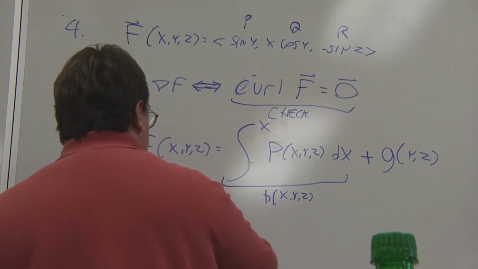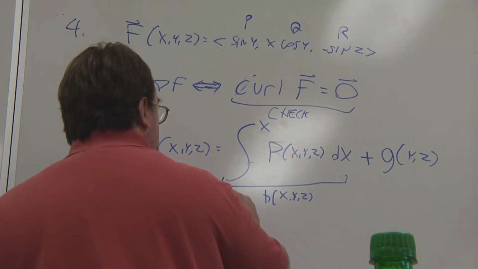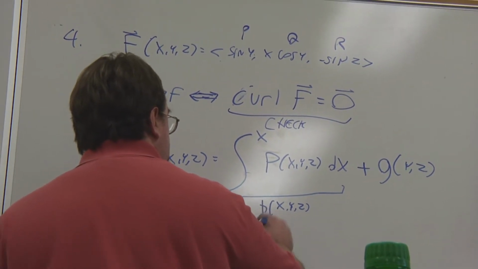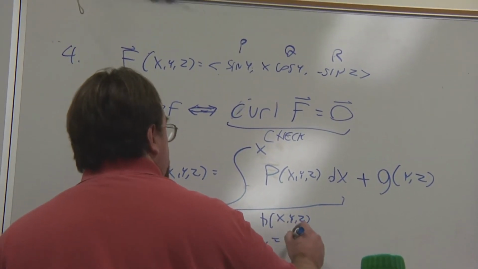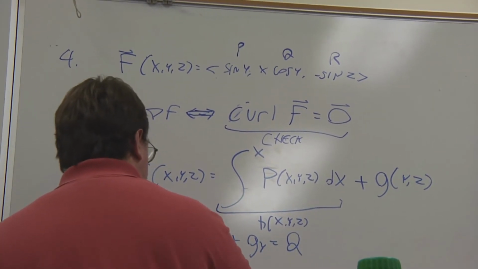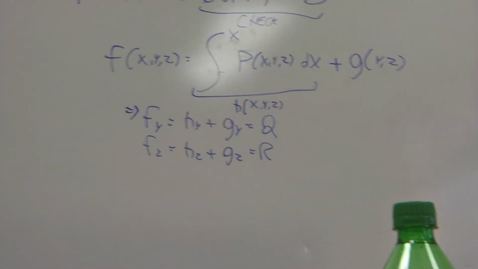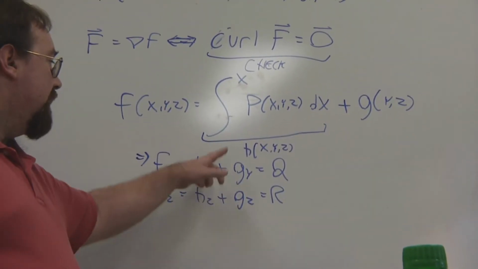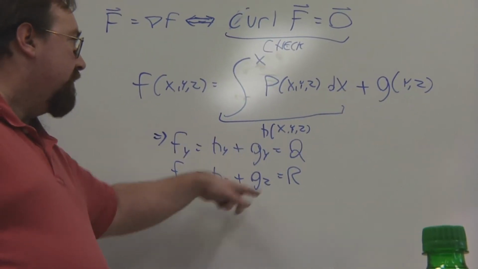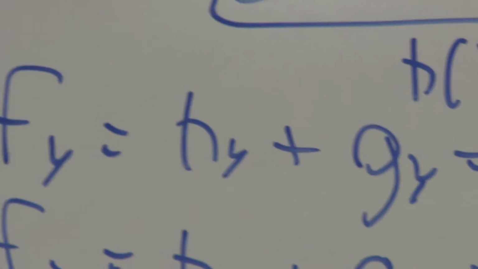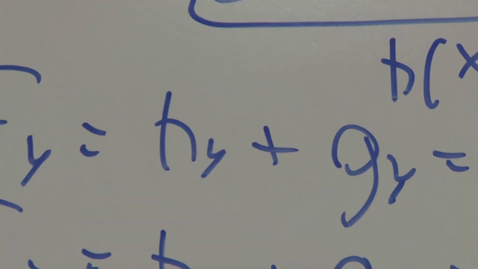So f_y, which is h_y plus g_y, must be equal to Q. f_z, which is h_z plus g_z, must be equal to R. Between these two, you can find out what this mysterious function g is. Then you have little f completely determined up to a constant.